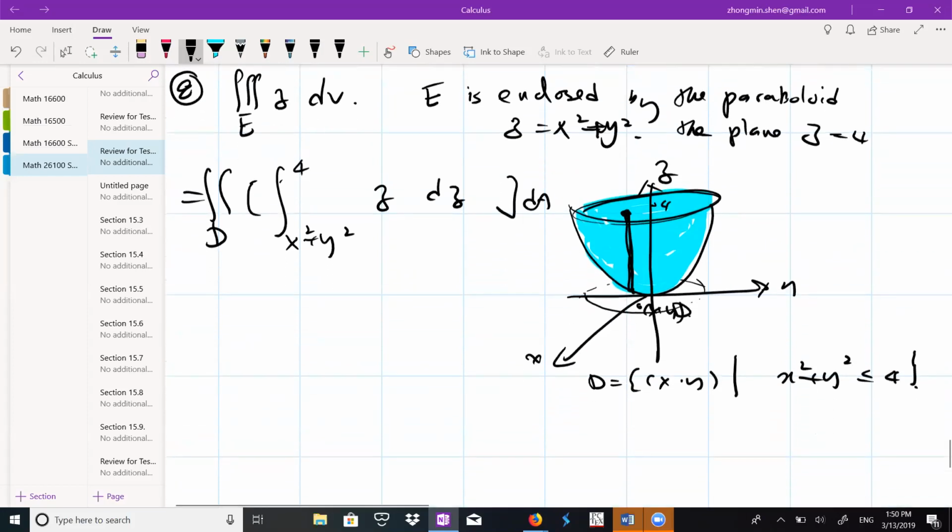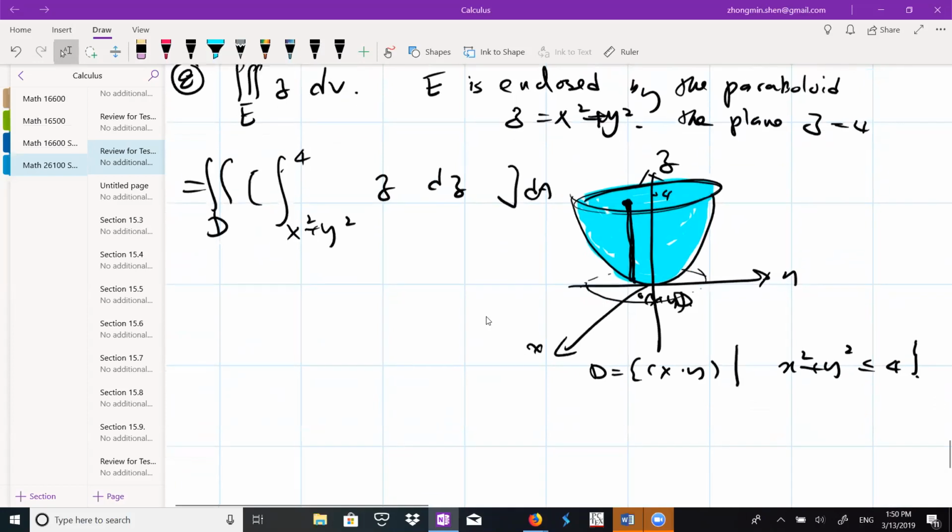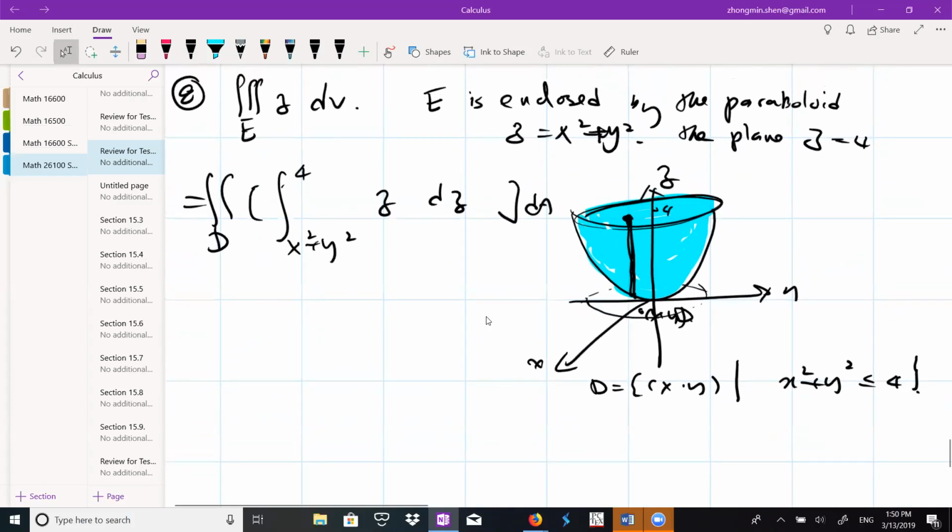You can also use a slightly different way. There are several ways to set up the iterated integrals. I will give another iterated integral later, but right now let's finish this first. So the antiderivative is half of z squared. Evaluate at these two endpoints.